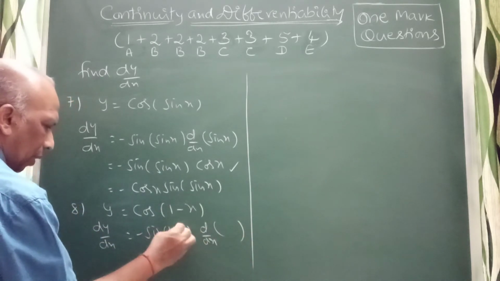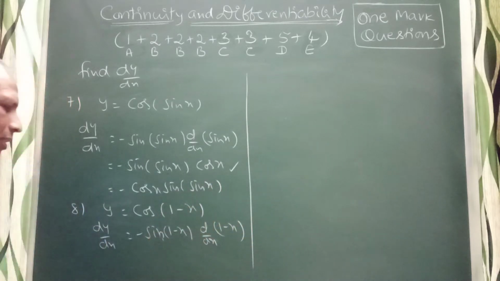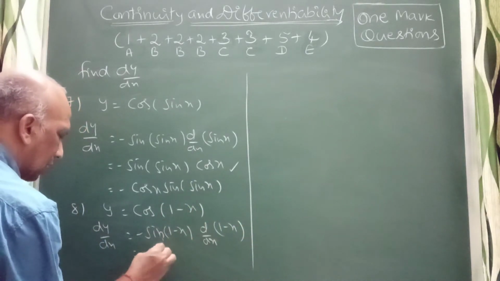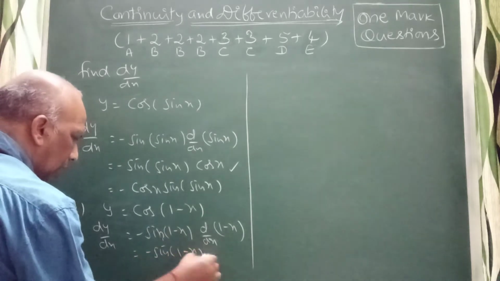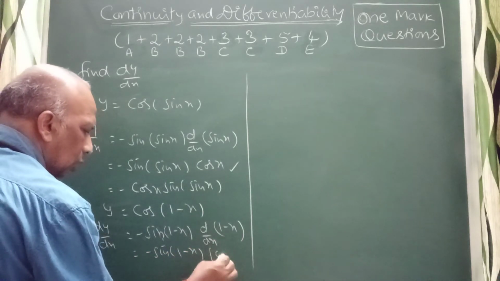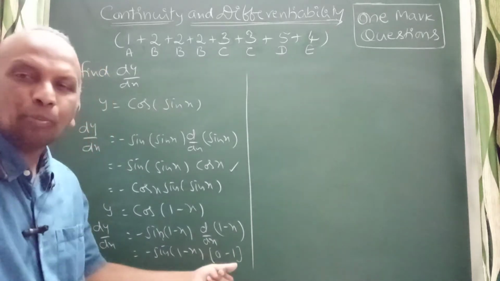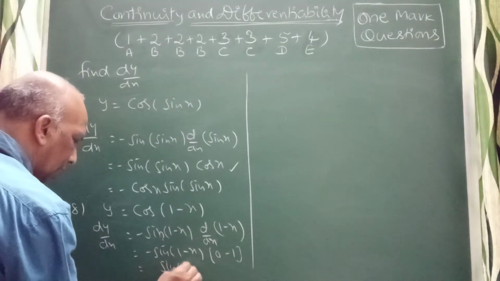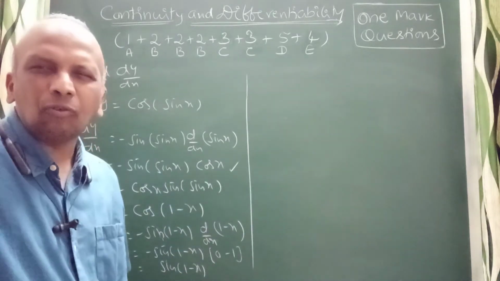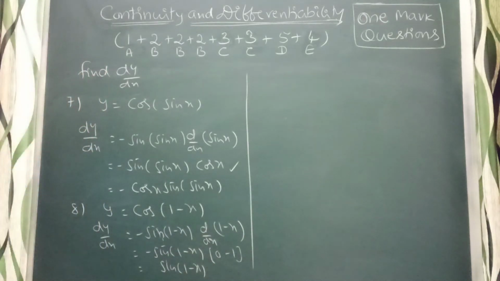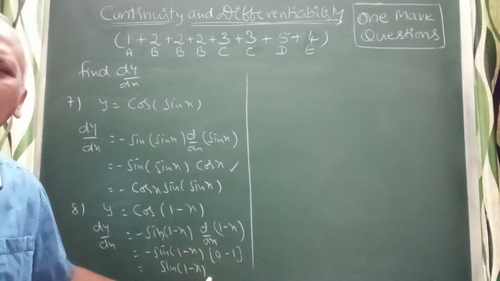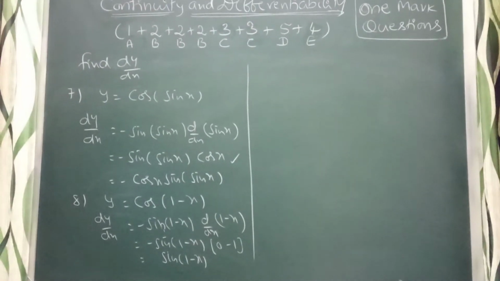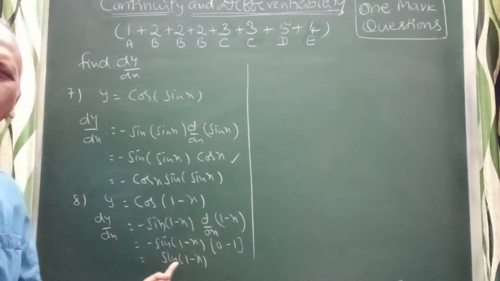So replace the something with 1 minus x. Minus sin of 1 minus x, derivative of 1 minus x, this is 0 minus 1. You will get minus 1, and minus of minus is plus, so you will get sin of 1 minus x. This will be your answer, sin of 1 minus x, correct?